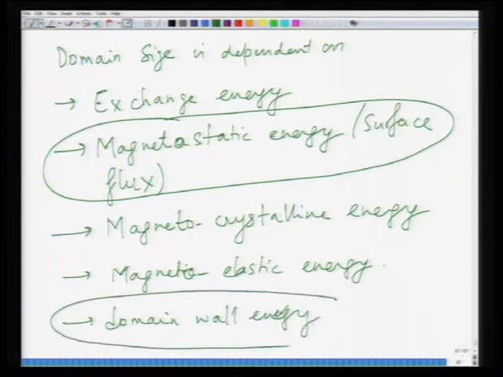So the combination of these two energies essentially governs the size of the domain, in a similar fashion as in the ferroelectric materials. Multi-domain state requires many interfaces, but this configuration is thermodynamically stable simply because it leads to an overall reduction in the free energy of the system.